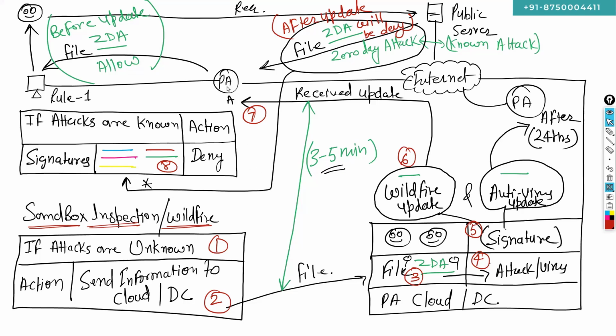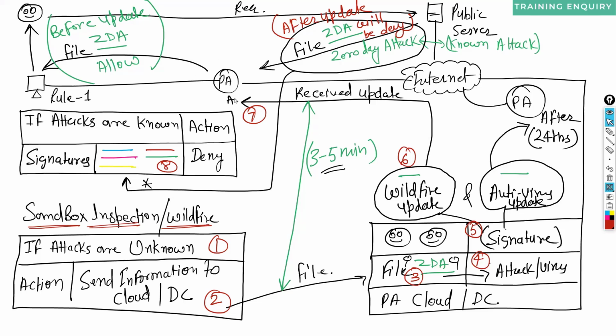But if your firewall has no WildFire subscription, you can't send unknown attack information to the cloud. Also, this second firewall, which has no WildFire subscription, will not receive the WildFire update that comes every 3 to 5 minutes.